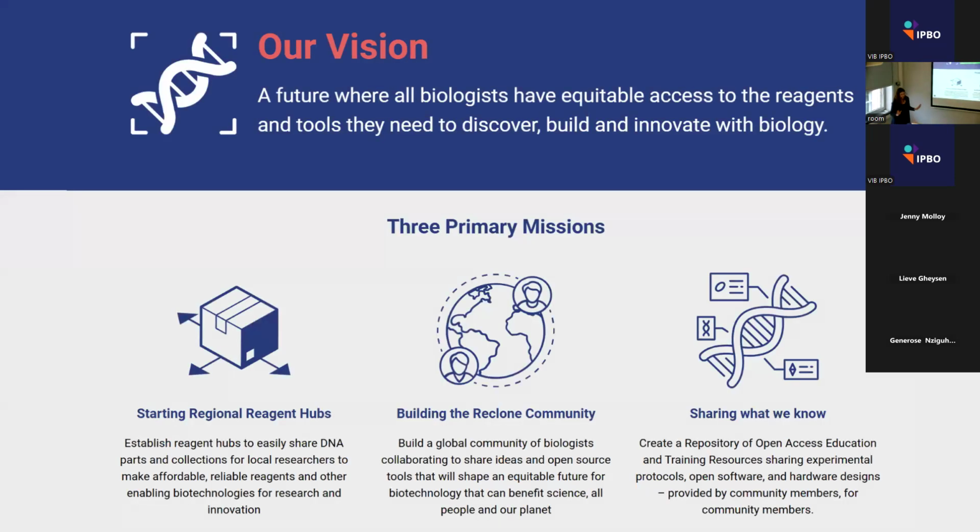There are three primary missions for Reclone: having regional reagent hubs where the DNA is accessible locally so that you don't have to pay every time to get it imported. We have a monthly community call and also a forum online so that people can ask questions or share protocols. We have a repository of protocols on a site called protocols.io, but we're also building out open access education and training resources for all of the work that we do.